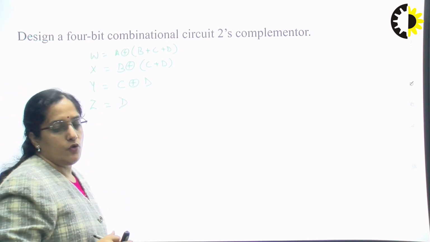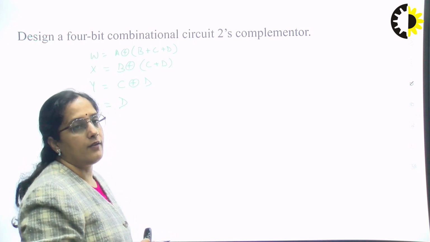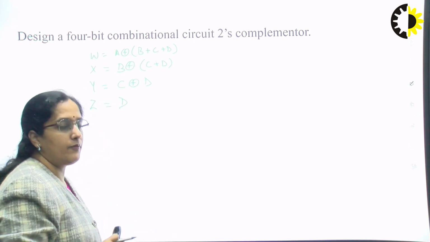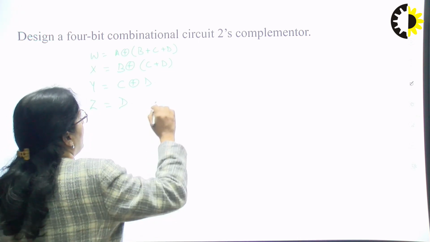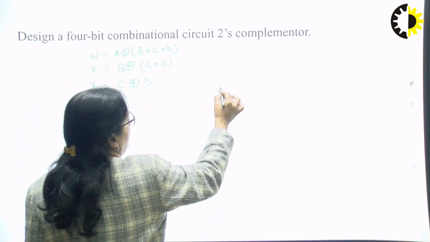So these are the four expressions we obtained when we solve the 4 K-maps, each in terms of A, B, C, D.